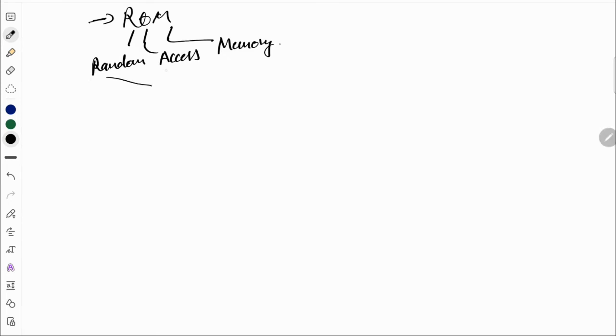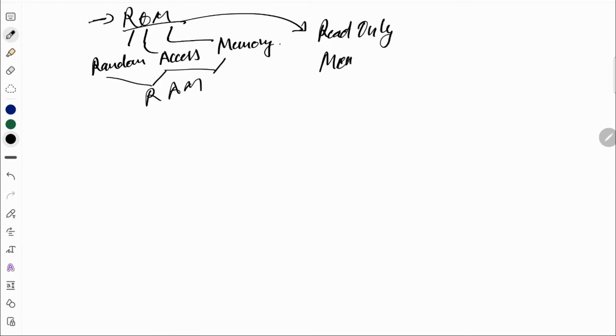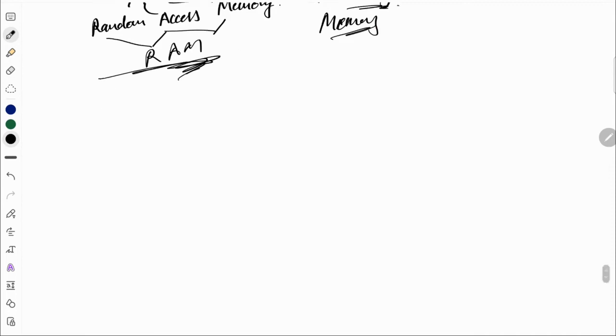This is RAM, not ROM. ROM means read only memory.